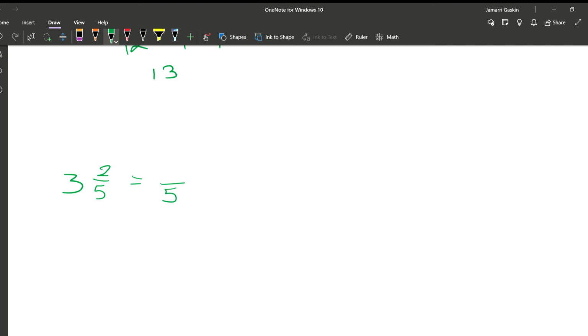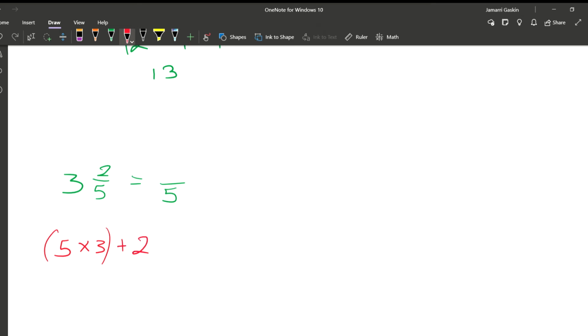To do that, we simply multiply our denominator, which is 5, by the whole number, which is 3, and whatever answer we get, we add our numerator to it, which is 2.